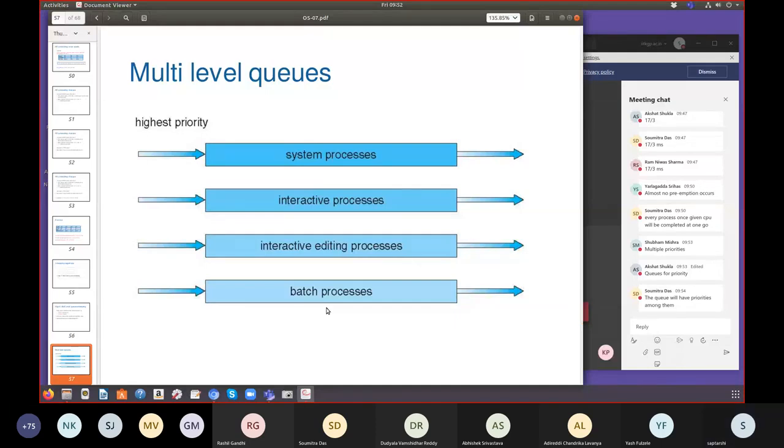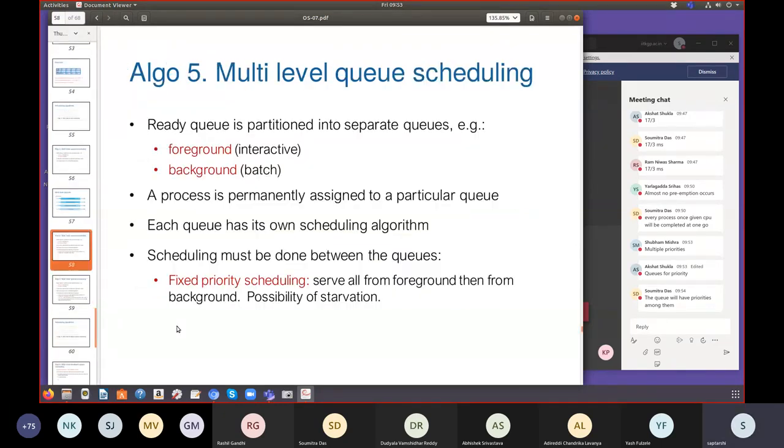Maybe system processes are executed in a round robin way, but interactive processes are scheduled in shortest job first or something like that. But these are just from my imagination. I'm not claiming that these things actually happen. But the mechanism is there that you can think of the ready queue being partitioned into different queues, and then different queues being scheduled slightly differently.